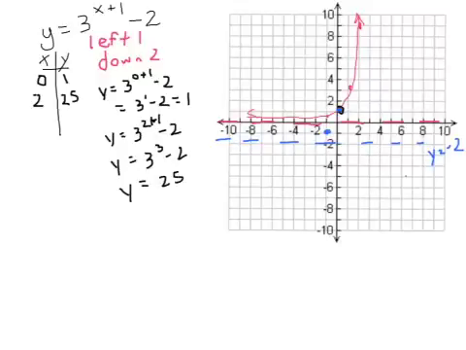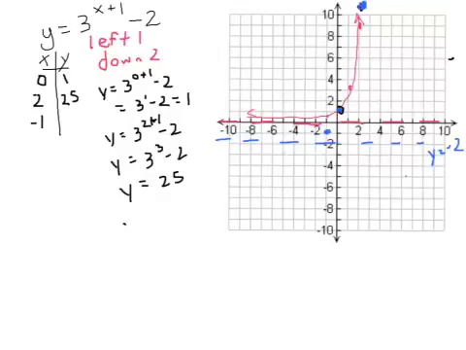So over 2, up 25. So it's going to be way off the screen up at the top. So I'm just going to exaggerate that up by 10, but really that's up at 25. So it's climbed quickly.